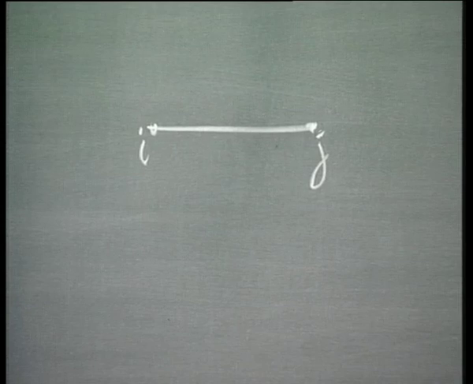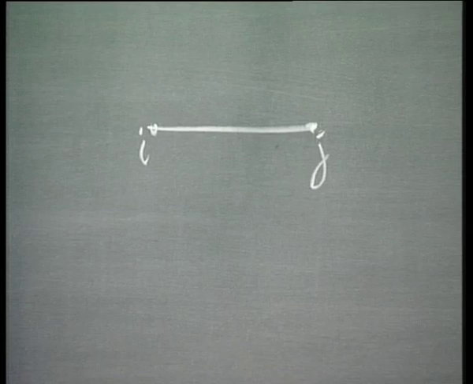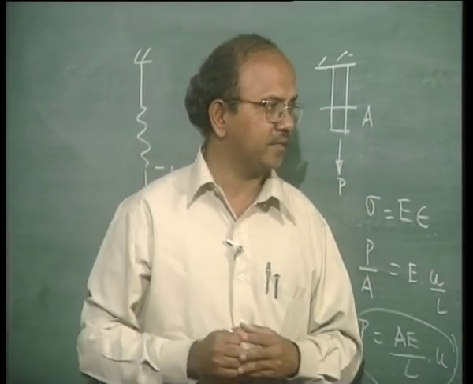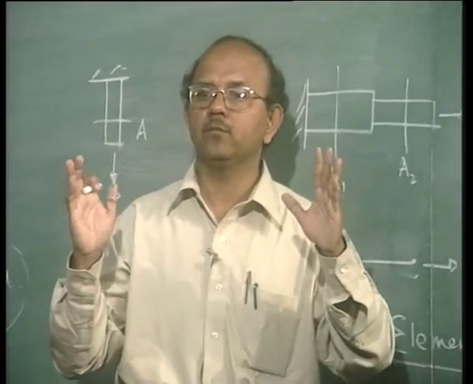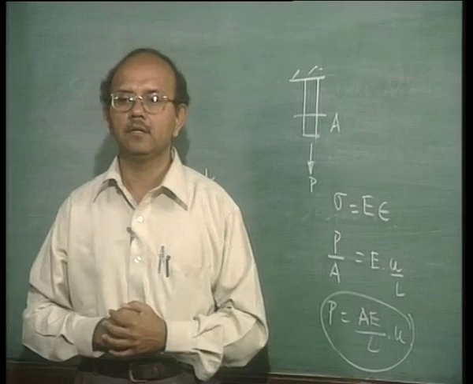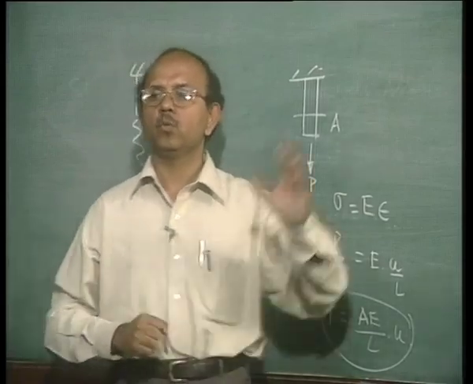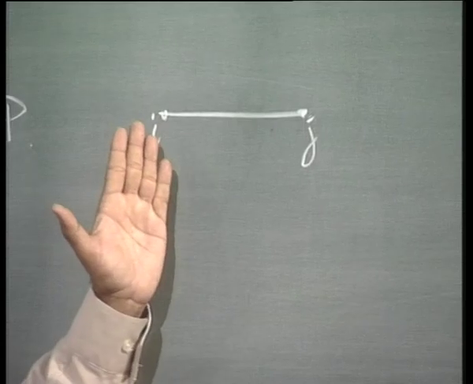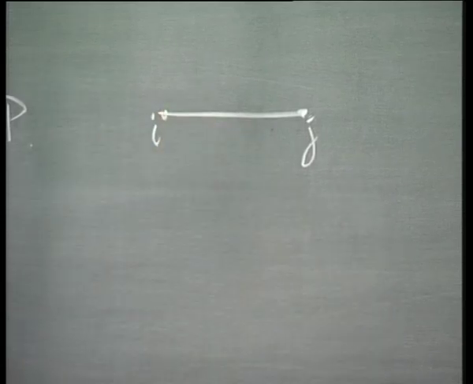Correct. Now, let me define or determine the stiffness matrix. Note this, we are now going to define the stiffness matrix of this particular bar, which is defined by these nodes i and j.